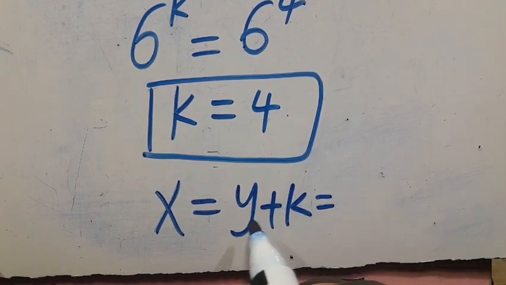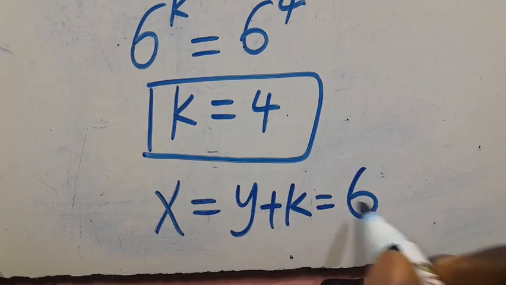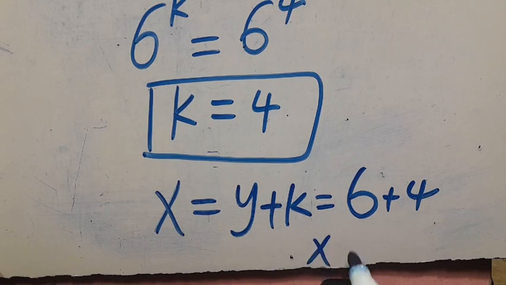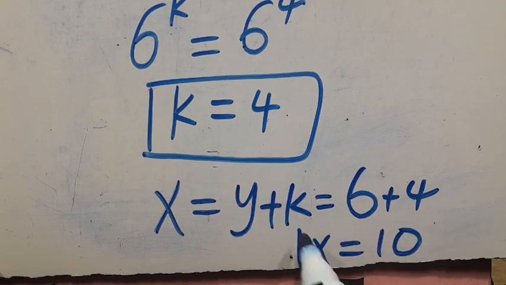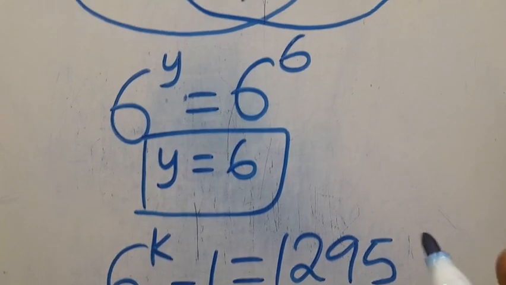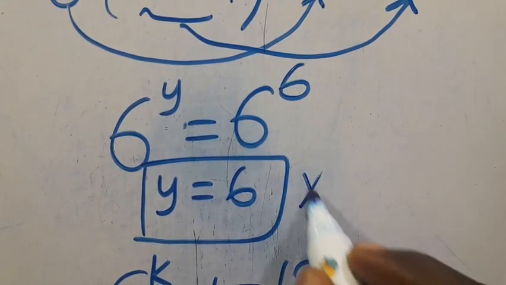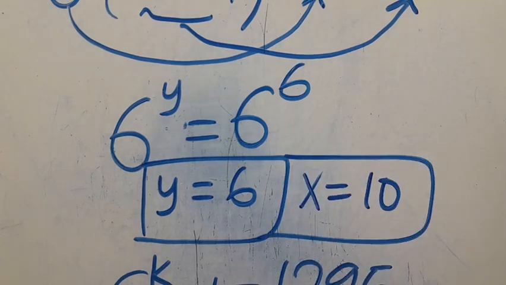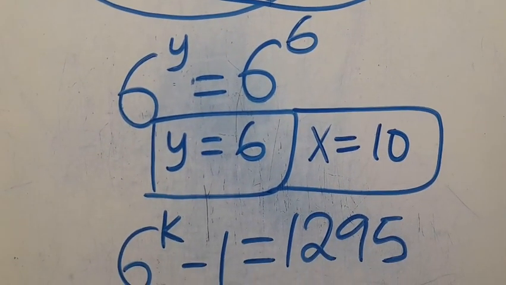So this implies y equals 6, k equals 4, so we have x equals 10. So from here, x equals 10. Then let us go and verify.